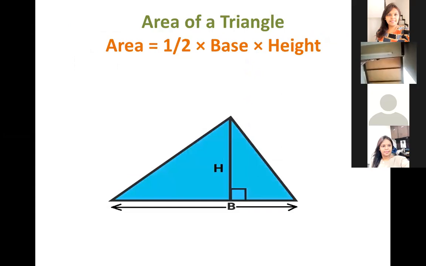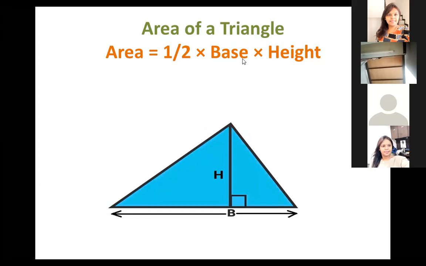So the first formula to find the area of the triangle: if you have such a type of triangle, then the formula of the area is 1/2 multiplied by base multiplied by height. Height means the perpendicular distance between A and D. So this is the first formula for the area.